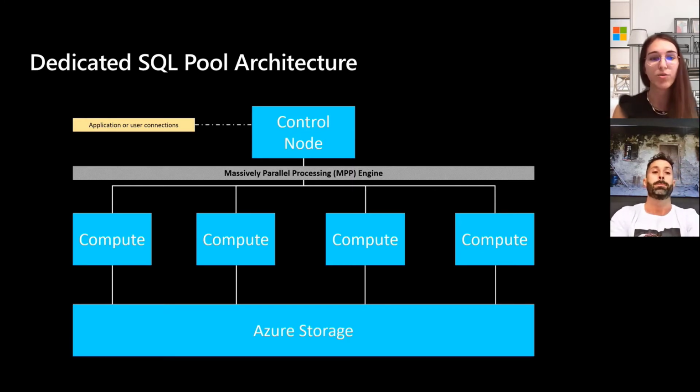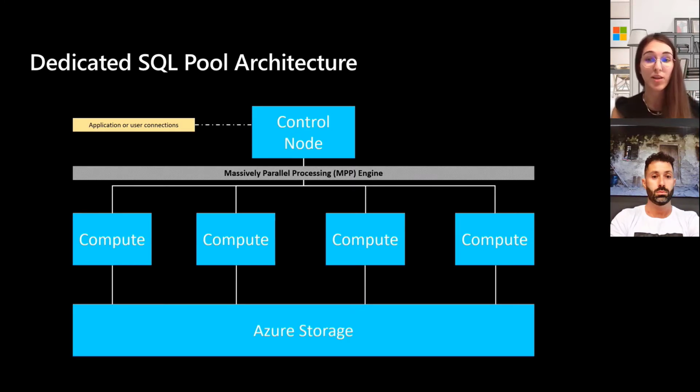So it's the brain of the massively parallel processing engine architecture. It's the front end that interacts with applications and connections, and the distributed query engine runs on the control node. This is responsible for optimizing and coordinating queries. However, in the compute node, we have several SQL databases.